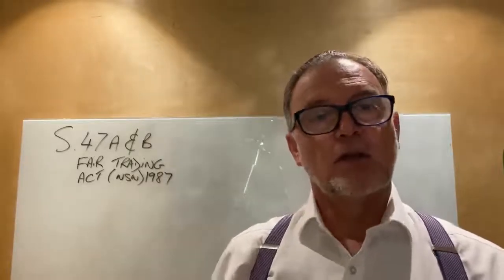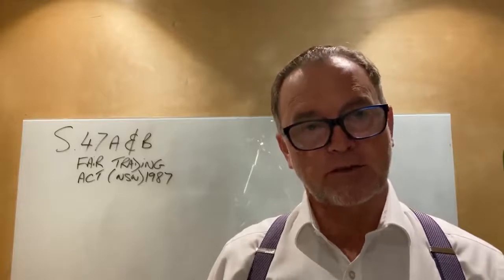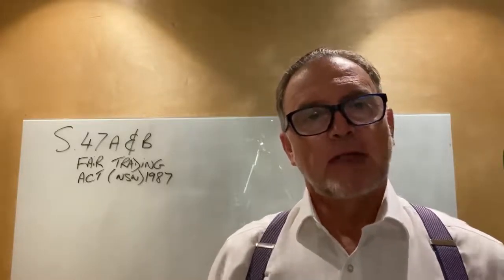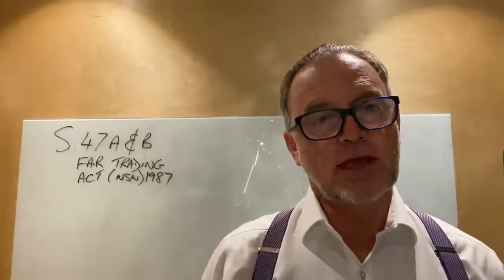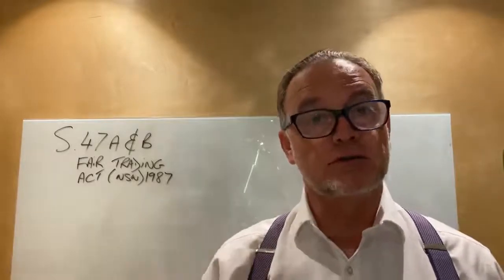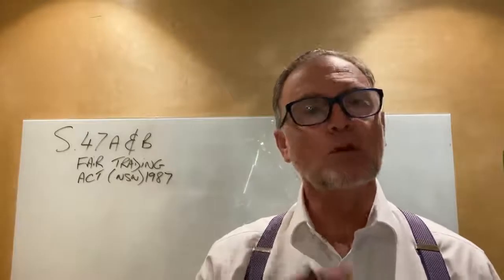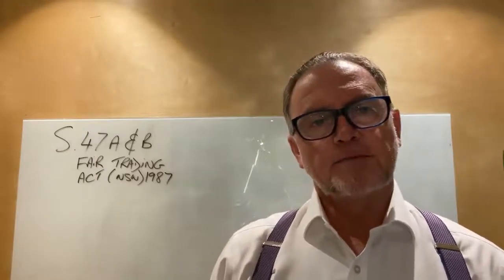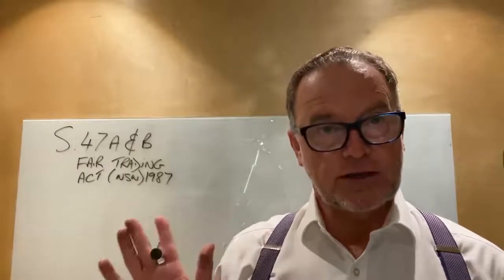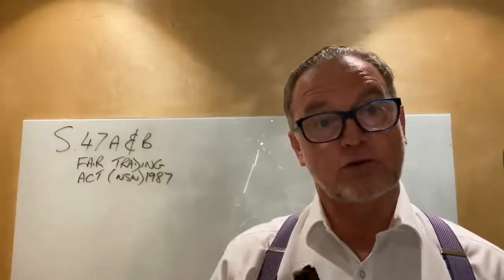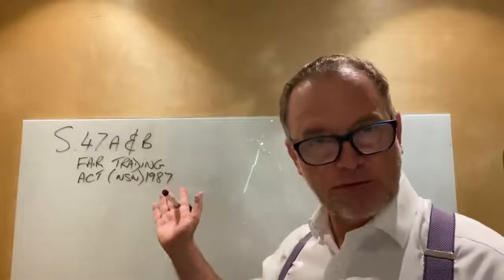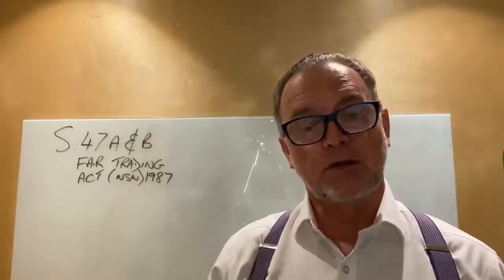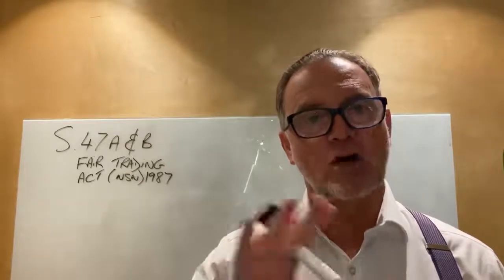Okay. So the 1st of July last year, 2020, without much fanfare, the government introduced these amendments. And they relate to consumers and businesses offering goods and services to consumers, which obviously includes real estate agents. And although we do have similar provisions in our Act, in particular a Section 47, which is very similar to Section 47A and B, where ours is Section 47 of the Property and Stock Agents Act, and it has some overlap there.